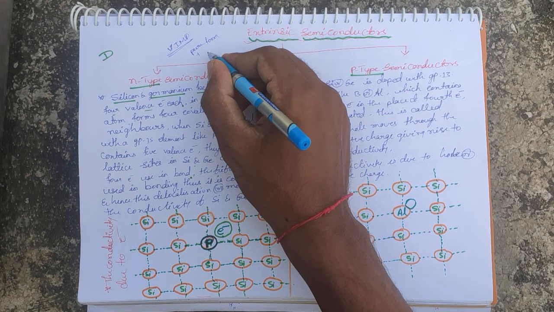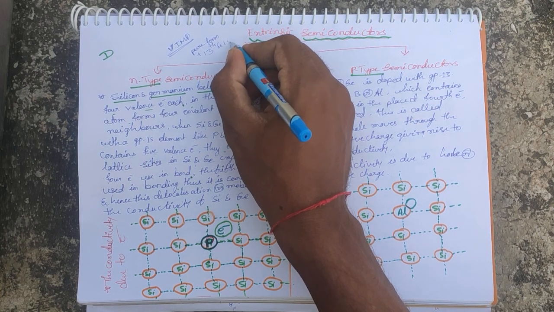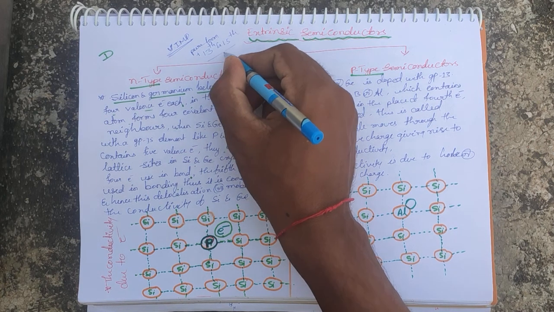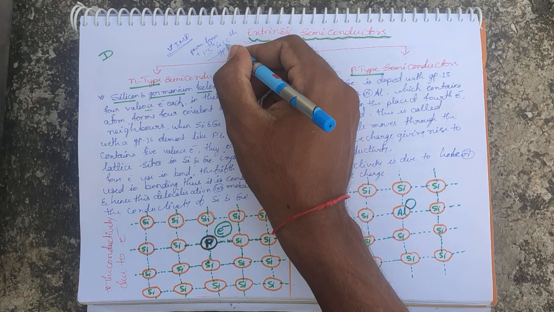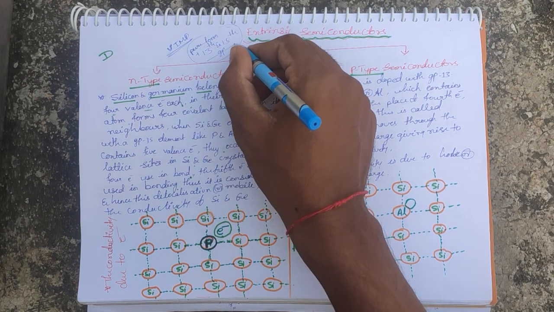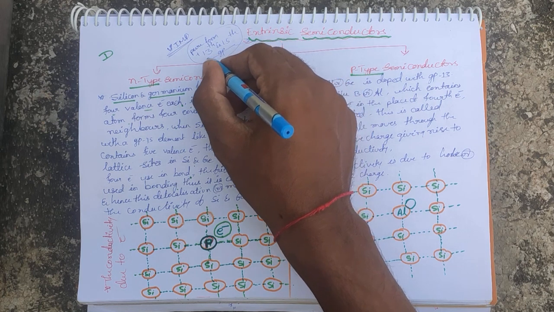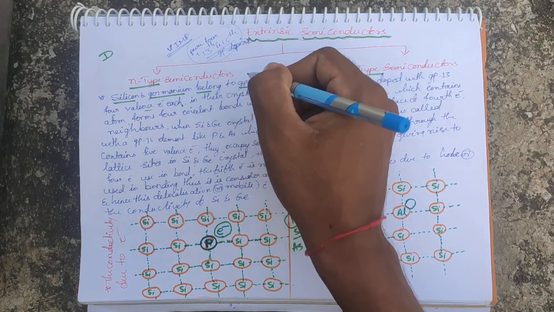Therefore, in order to increase the conductivity of a metal, crystal or solid, we add some impurity, that is a 13th or 15th group element. Such an added impurity makes it an extrinsic semiconductor. Adding the impurity is called doping. Understood?